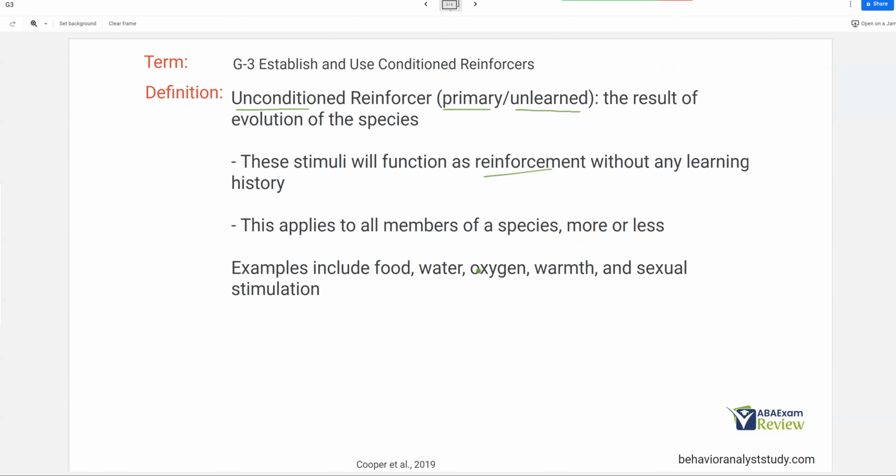So the common unconditioned reinforcers include food, water, oxygen, warmth, and sexual stimulation. Think about oxygen. Everybody needs it. You can hold your breath only so long, and you're going to have to breathe eventually. These ideas and these stimuli keep the species going. It's what we seek in order to continue living and keep the species going.